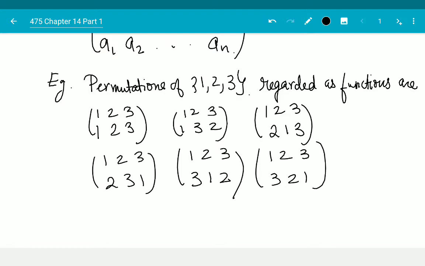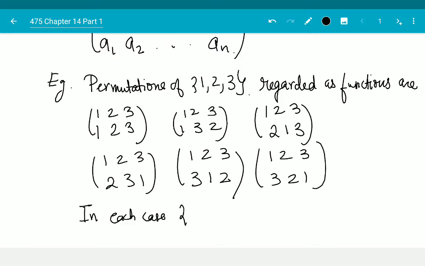So this is a bijection. In each case, I have a bijection from 1 to n to 1 to n.